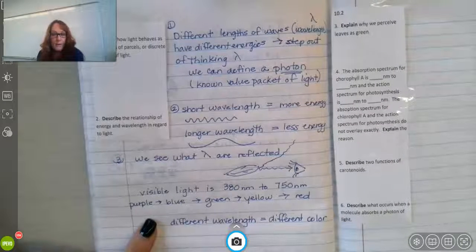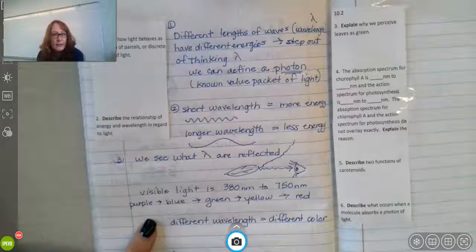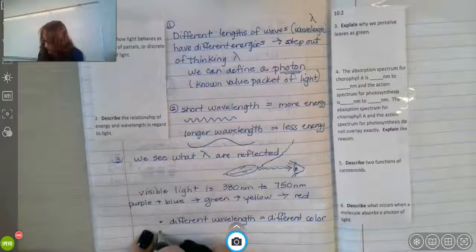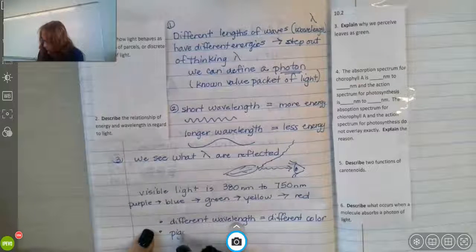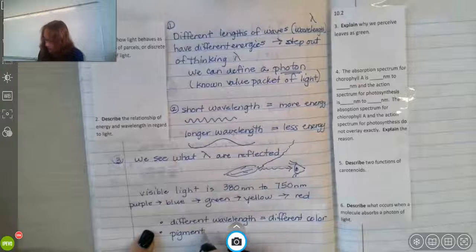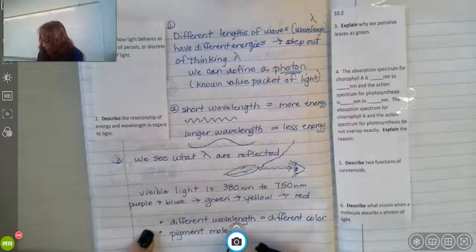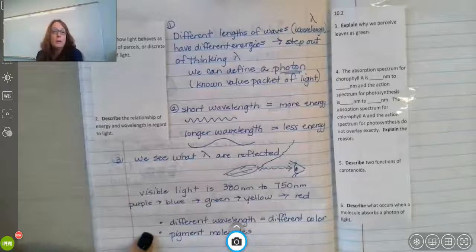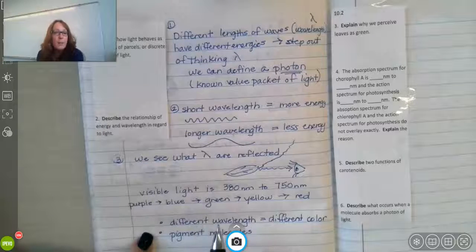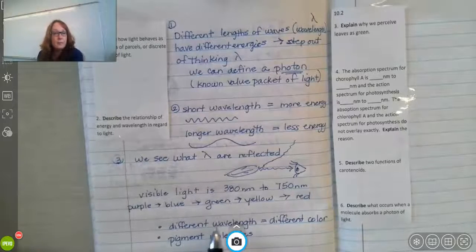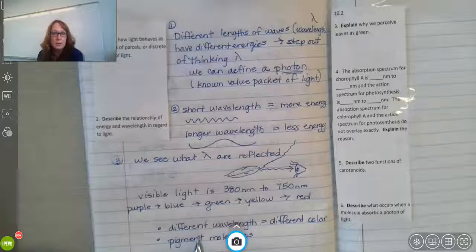Well, I don't even know what that means. Like, how do you even get color out of a wavelength? Well, it has to do with pigment. So, there's different pigments. So these pigment molecules, now we had a really good talk, maybe you didn't think so, but I did, about how cool the pigments are that are in the photosystems.